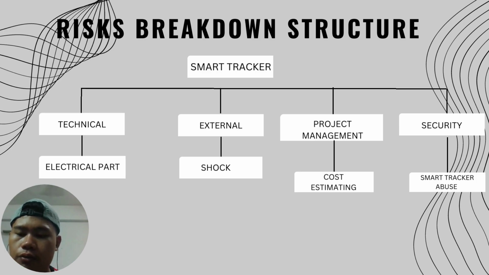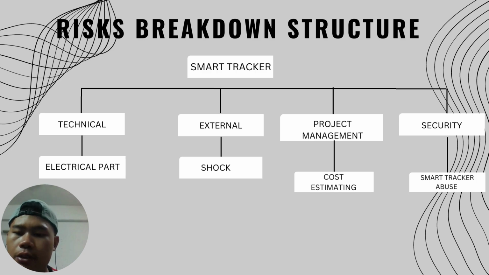And for project management, the risk for this smart tracker is that we exceeded the estimated cost, where the initial target is below RM200. The total cost for this smart tracker to be produced is RM789.22.